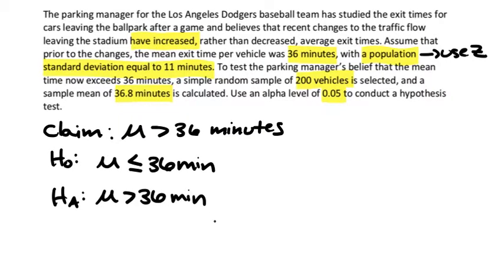Since I'm using an alpha level of 0.05, I'm going to reject the null hypothesis if p, the p-value that I calculate, is less than or equal to 0.05.